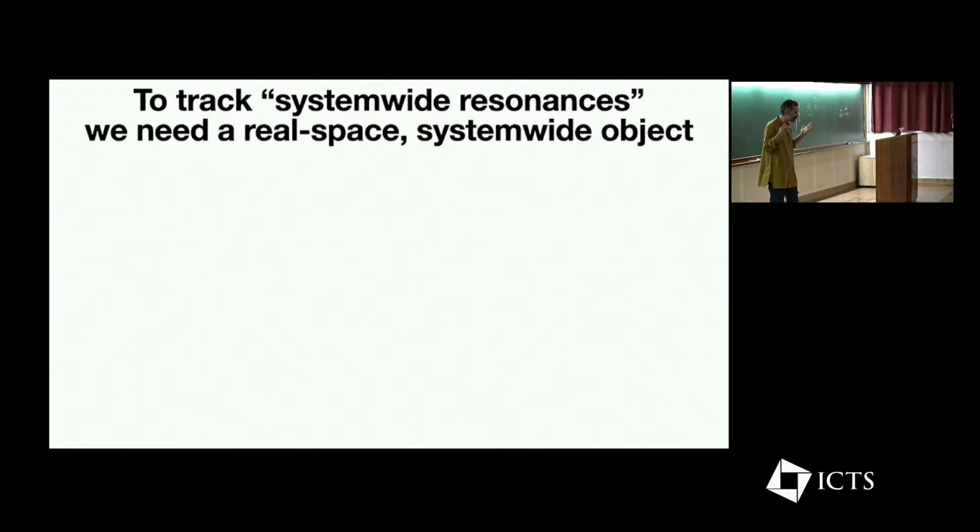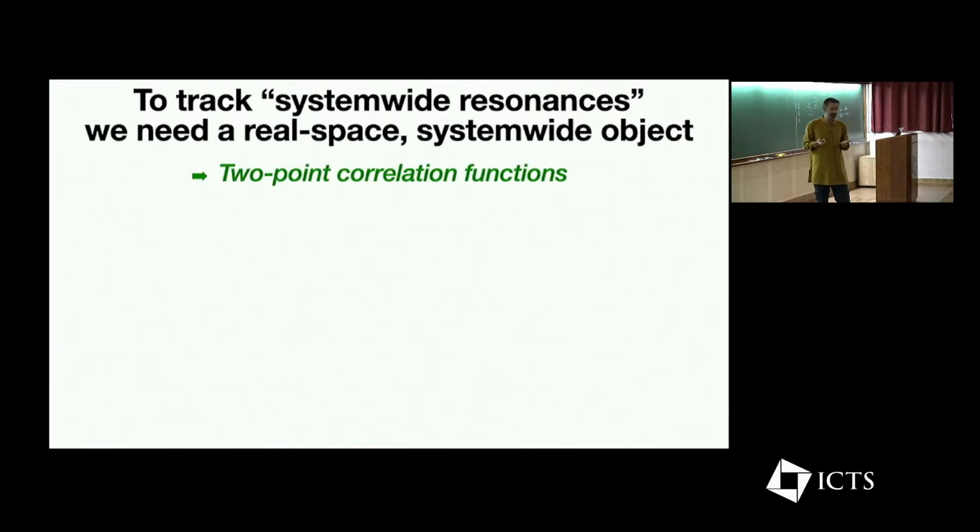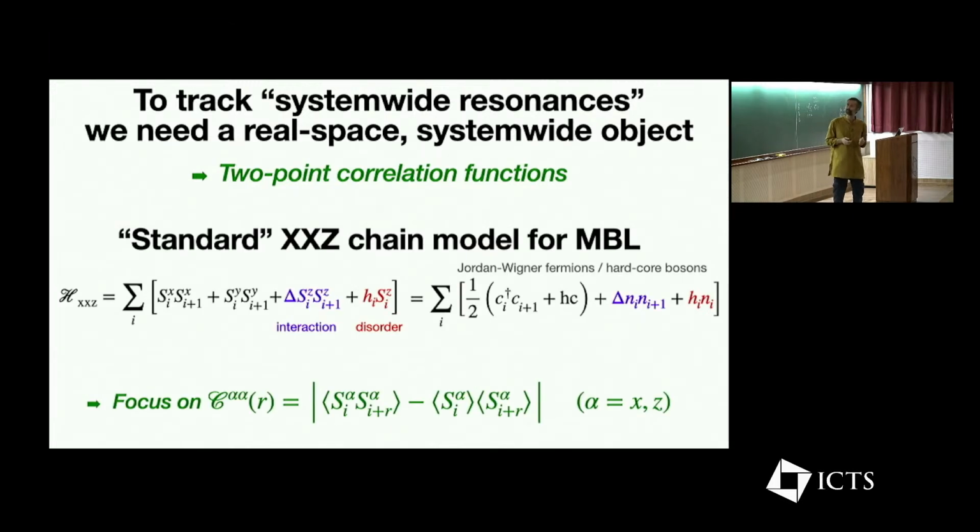There are many ways of tracking MBL, but something which I think was missing is a true real-space object to catch possible system-wide resonances. And to do that, there is a very simple candidate in real space, which is the 2-point correlation function. So we are going to go with our favorite model, the XXZ, which is supposed to be a standard model for MBL.